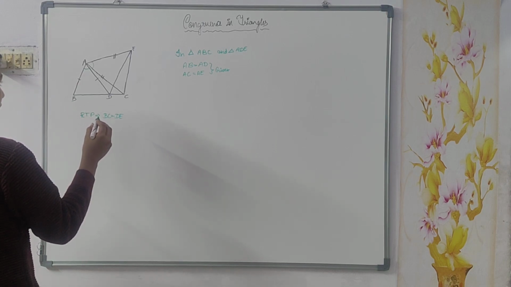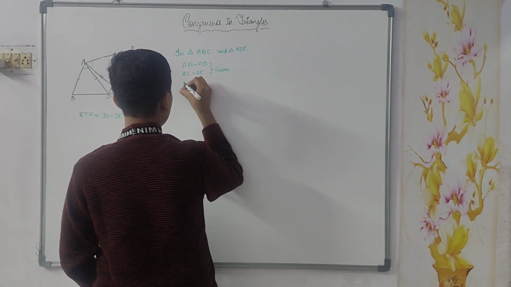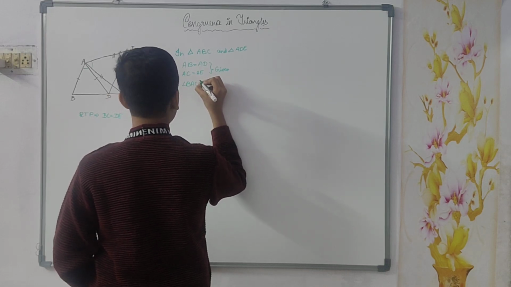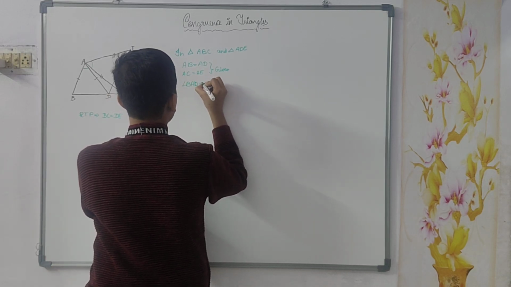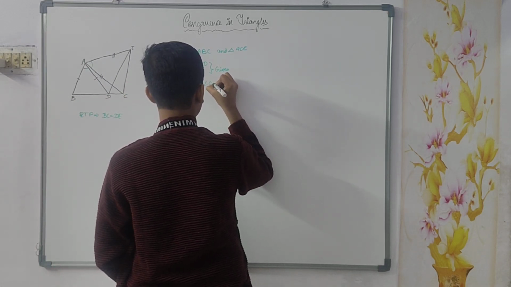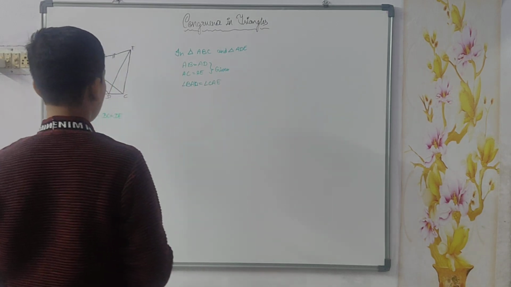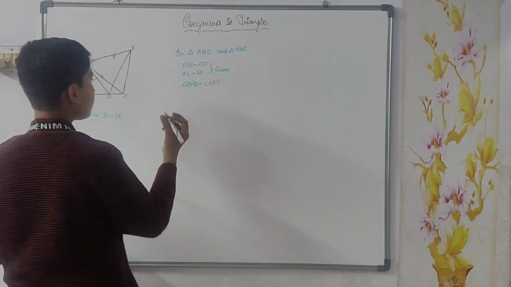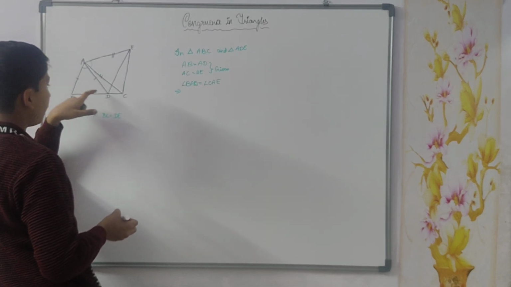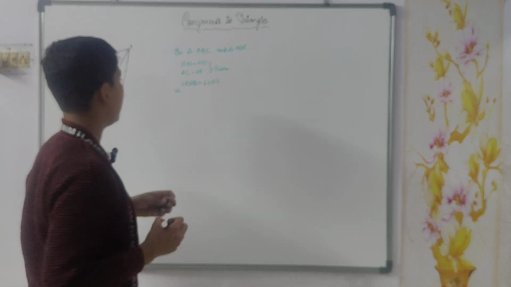Okay. Now angle BAD equal to angle CAE. So we know that angle BAD equal to angle CAE. Now if we add this DAC in both of them, they will be equal.